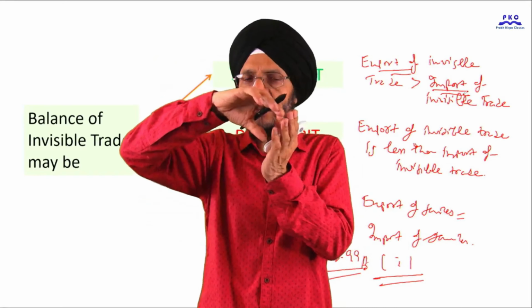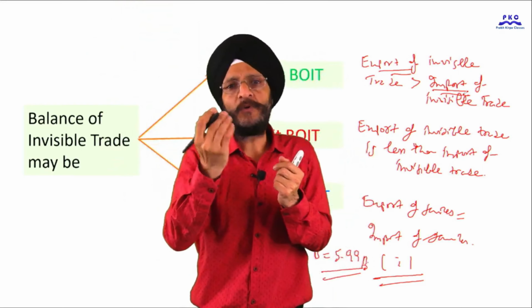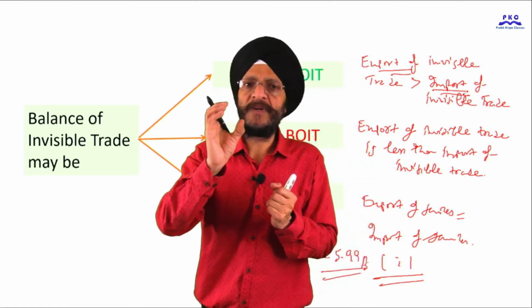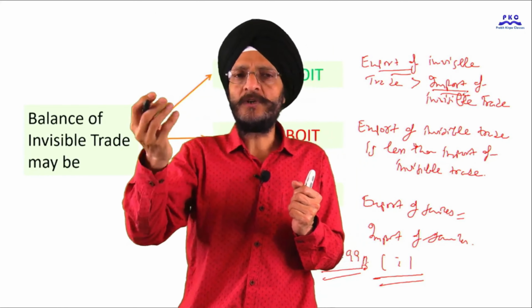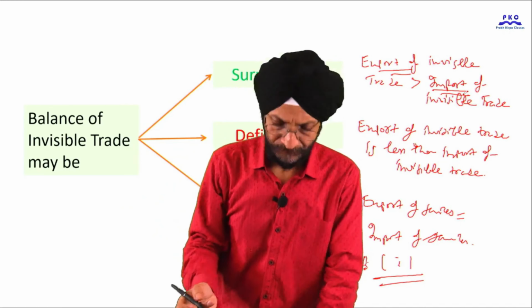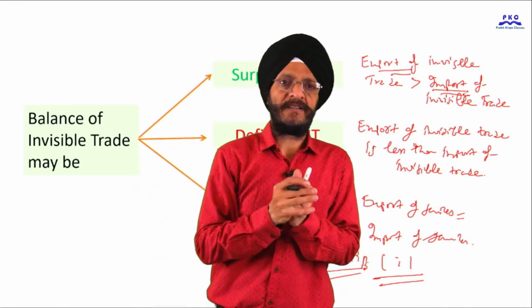That is, exports are more, imports are less, so there is net flow of foreign exchange. So it may utilize this excess money, which it is getting due to high exports, for improving its economy, or it may use it to reduce its debt.